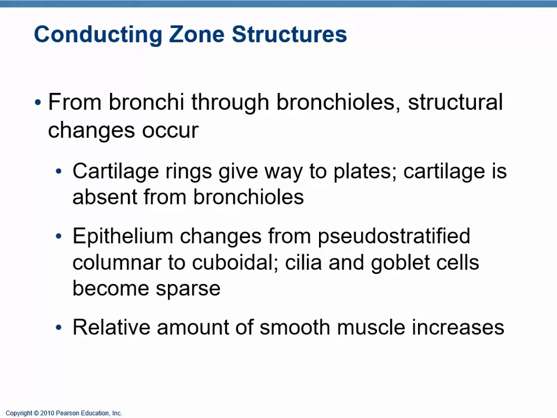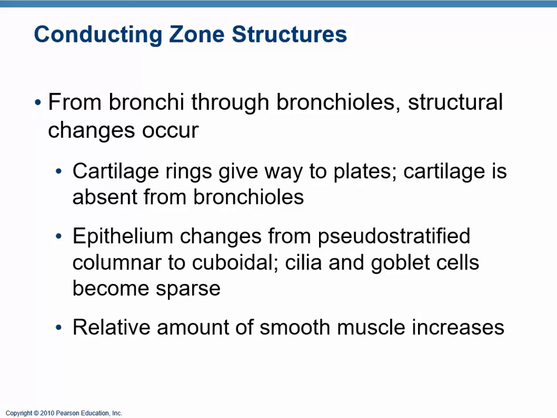Okay, so in the conducting zone, the bronchi get smaller and smaller until they become bronchioles. What distinguishes the bronchi from the bronchioles is that the cartilage gradually goes away. At first it's rings, then it turns to plates, and by the time it gets to bronchioles, there's no more cartilage. The epithelium gets thinner as well.